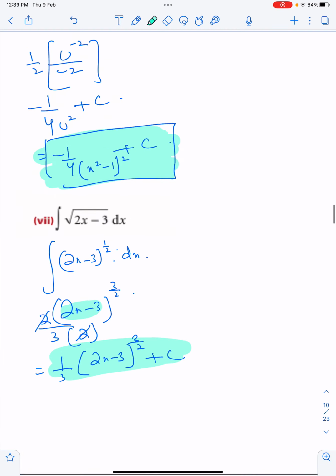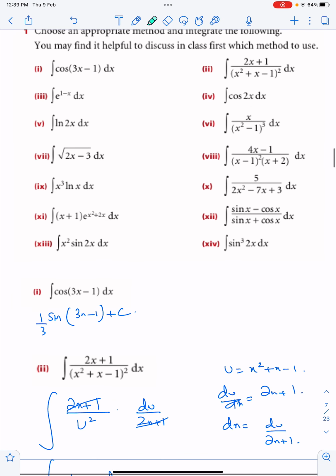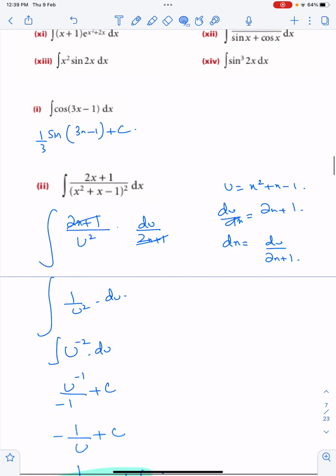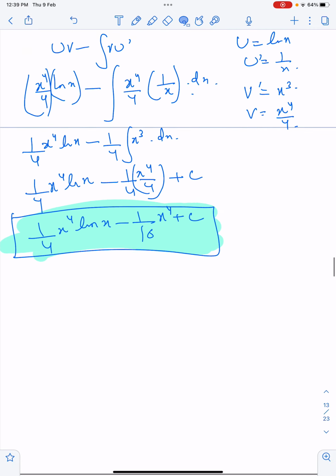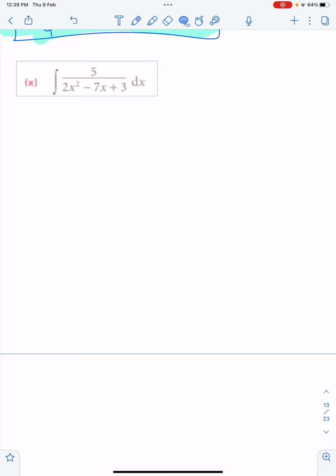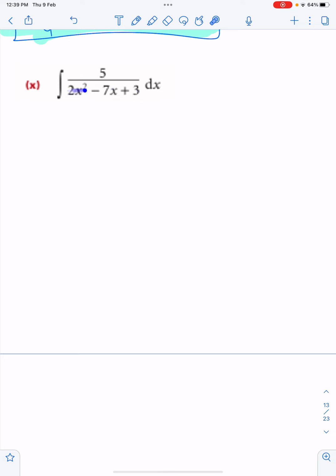Okay, the next question is question number 10. If I take out 5 as common, we know that the differentiation of this is 4x minus 7, which is not here. So we can use partial fractions here.